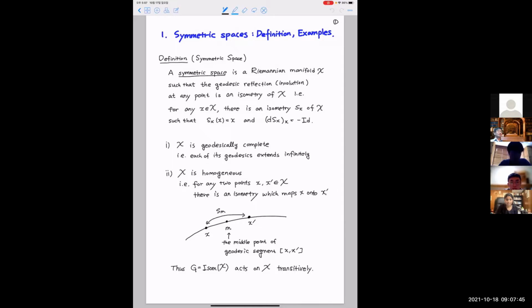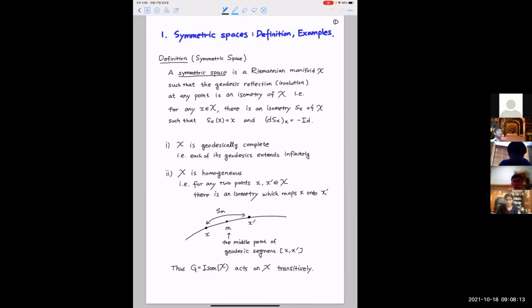Symmetric spaces have a lot of structures and a lot of approaches, but here I want to approach the symmetric space from the viewpoint of geometry. Okay, so first, let's define the symmetric space.